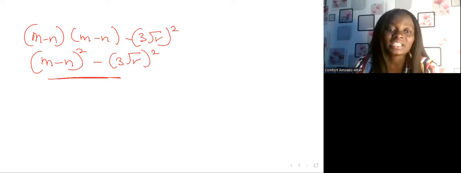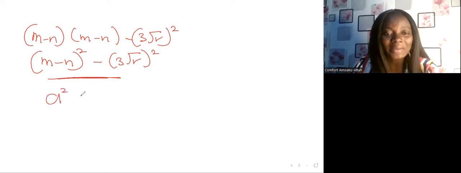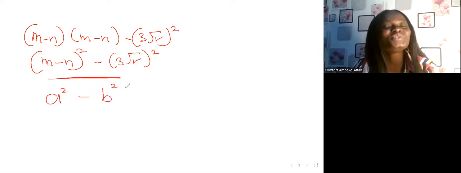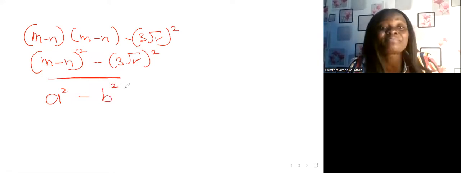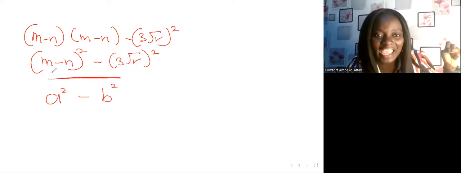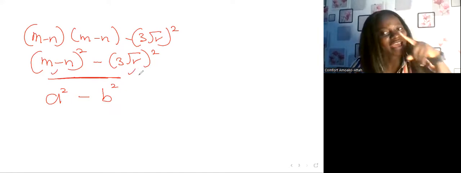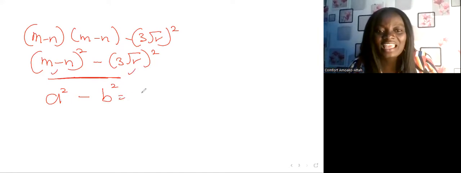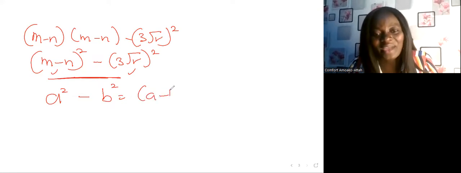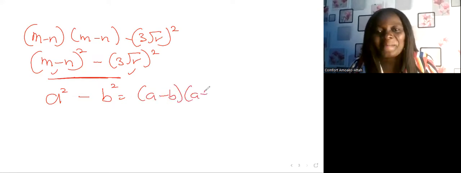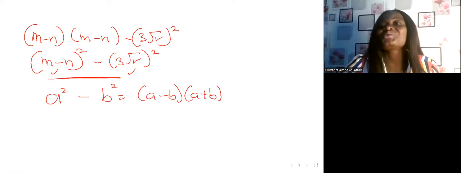Going back to our previous lesson, this is the same as a squared minus b squared. And we have to expand it. This is a, this is b. And as we did in our previous lesson, this became a minus b, a plus b.